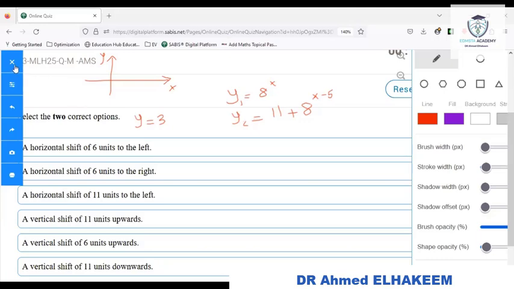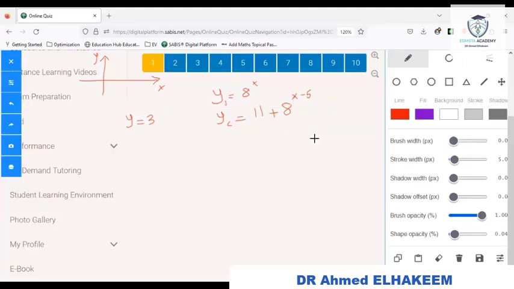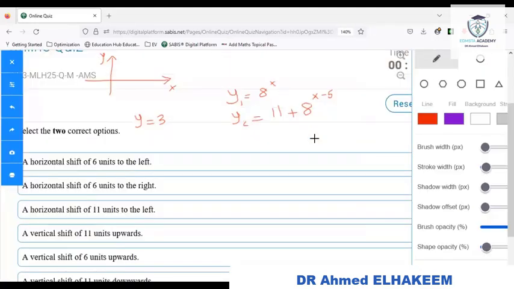Okay, I just wanted to explain this part to you. Now you can answer the question. There are two options. Which one should be applied to the graph? The original graph was y equals 8 power x. The next one was 11 plus 8 power x minus 6.